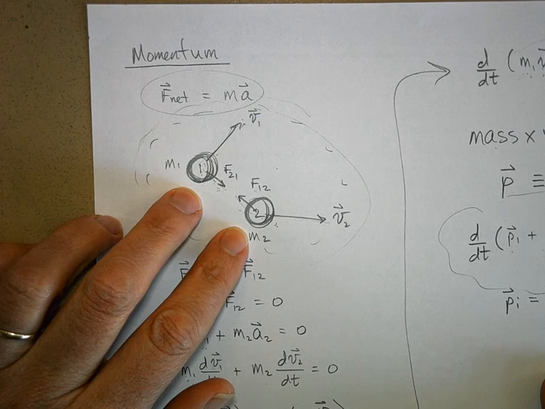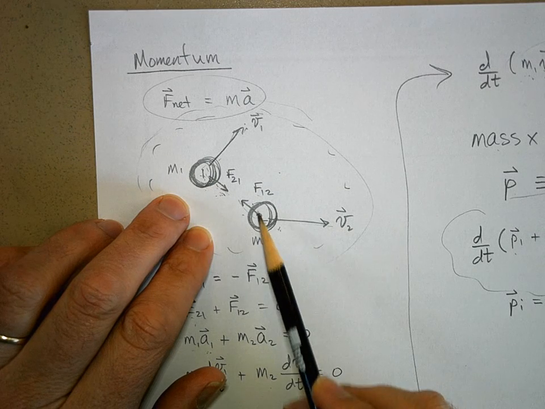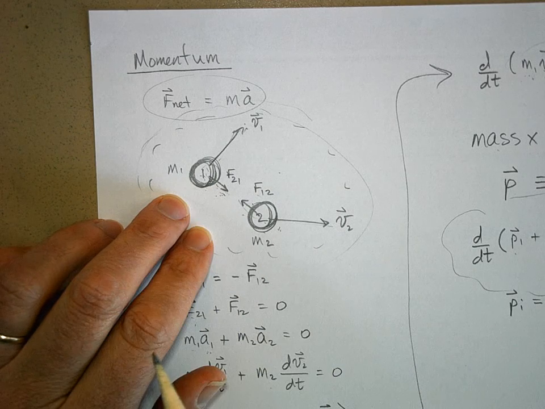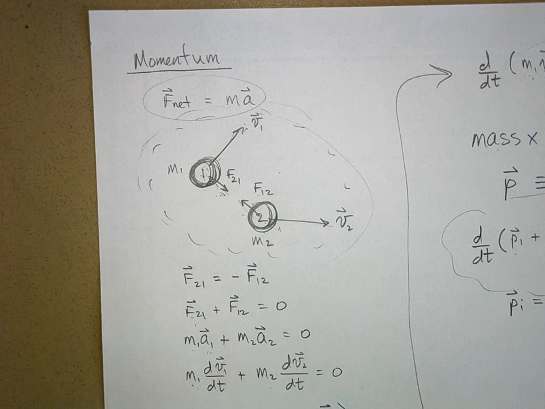Look, if this is gravity, this object's momentum is going to change. This object's momentum is going to change. But when I add those changes together, they will cancel out to get zero change in momentum.